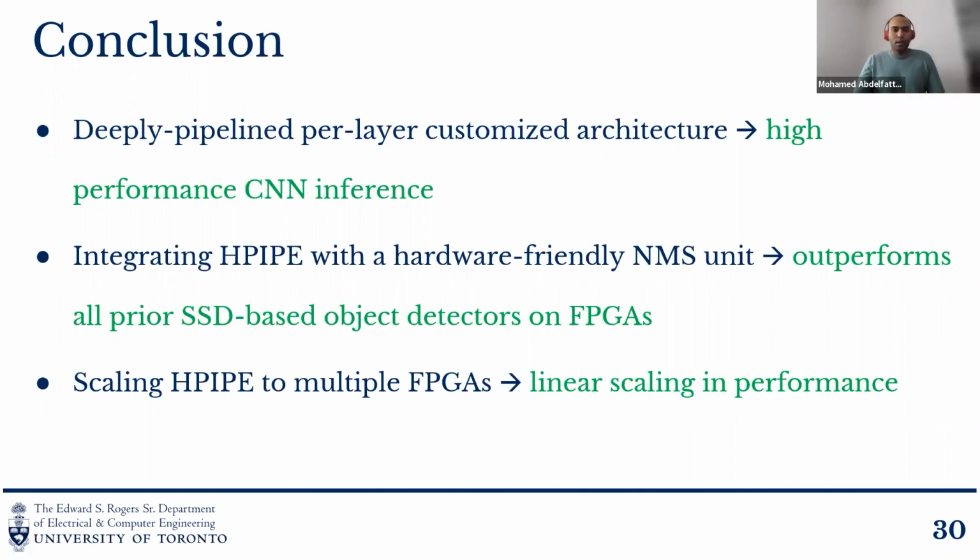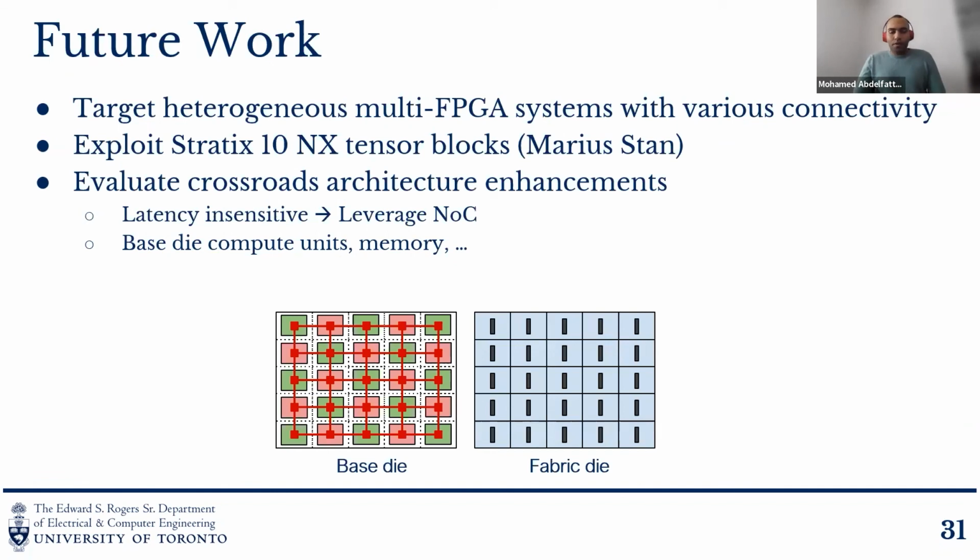increase the resources to scale the performance. For future work, there are a lot of different topics that can extend and enhance Hpipe and result in great performance gains. So for multi-FPGA, all our experiments target a point-to-point topology on a homogeneous system of FPGAs, so all FPGAs are the same.